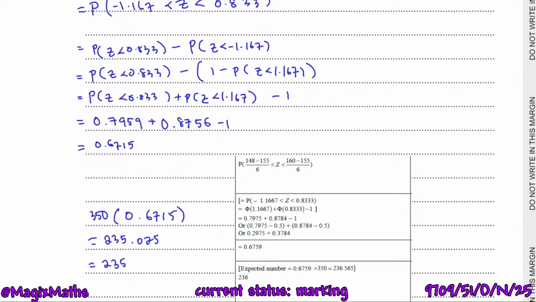Eight seven 83. No, genuinely, I got 1.167.